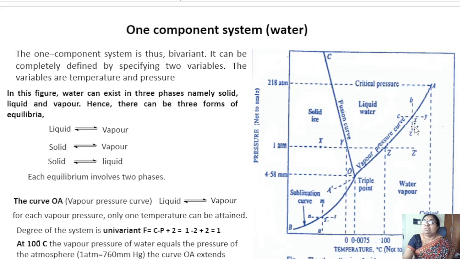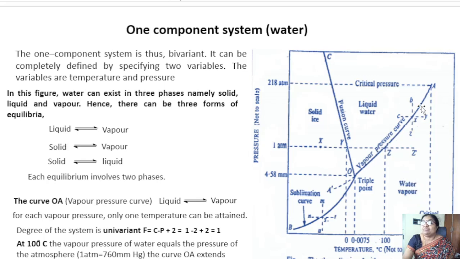Like that, if we increase or decrease the vapor pressure or the temperature, all the points on the lines XB, XY or XZ are in equilibrium between liquid water and water vapor.